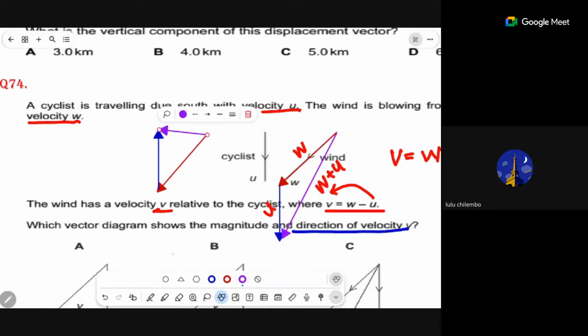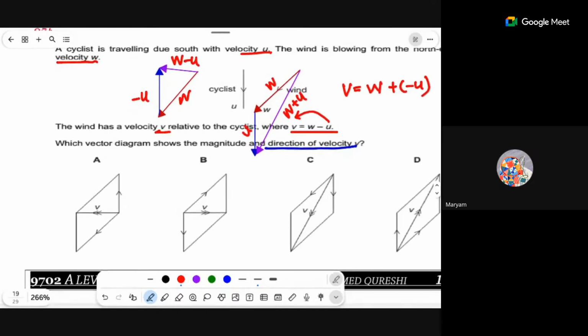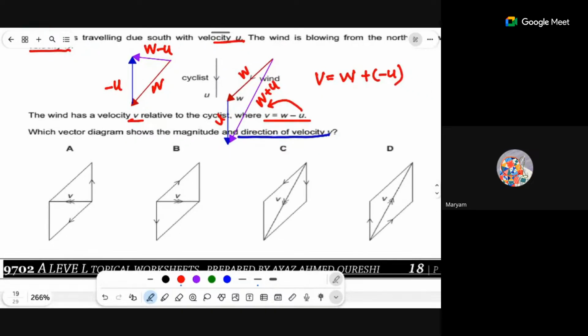Yes, this vector is basically w, this is your negative u, so this is w minus u. Now let's see what the direct diagram is, with that same type of idea. Any one of you?